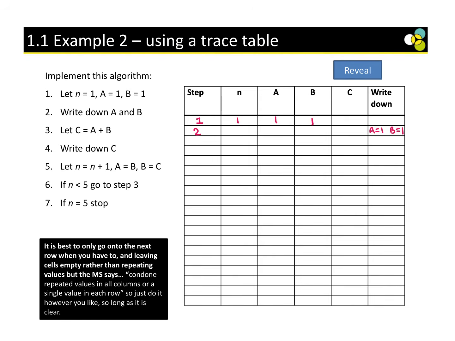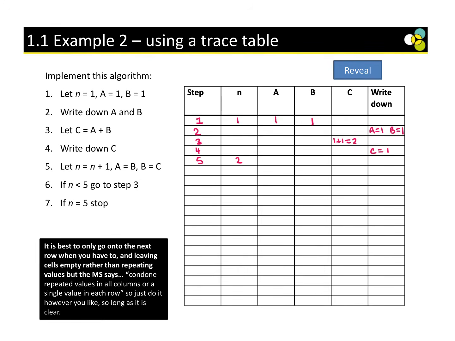Step 3. Let c equal a plus b. So c equals a plus b, 1 plus 1 equals 2. Step 4. Write down c. Step 5. Let n equal n plus 1, so now this equals 2.